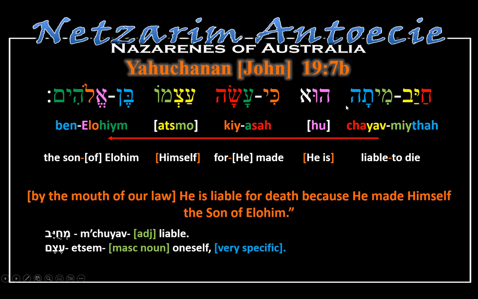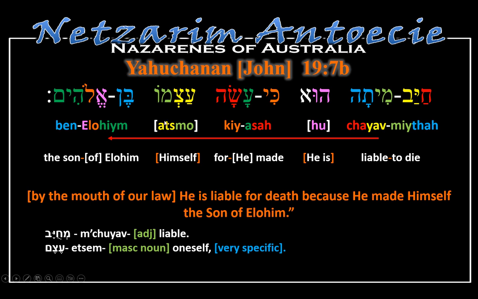Because we know that mit, the root of that is die, and the hey, you could say, is to die. And then we have hu, which is he or he is. Ki can be for, and then asa, he made. We know asa means to do or to make, so he made.